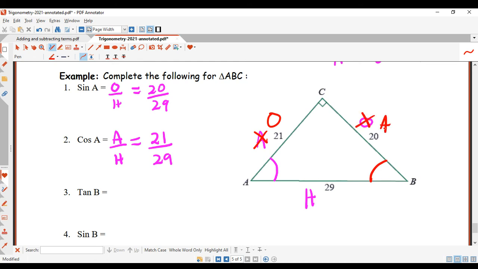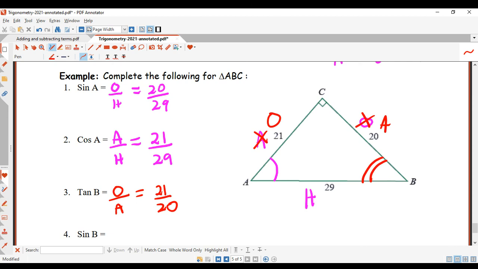This is now the adjacent side, because we're talking about angle B in this case. Tan of B is the opposite side divided by the adjacent side. The opposite side to B is 21 and the adjacent side is 20.